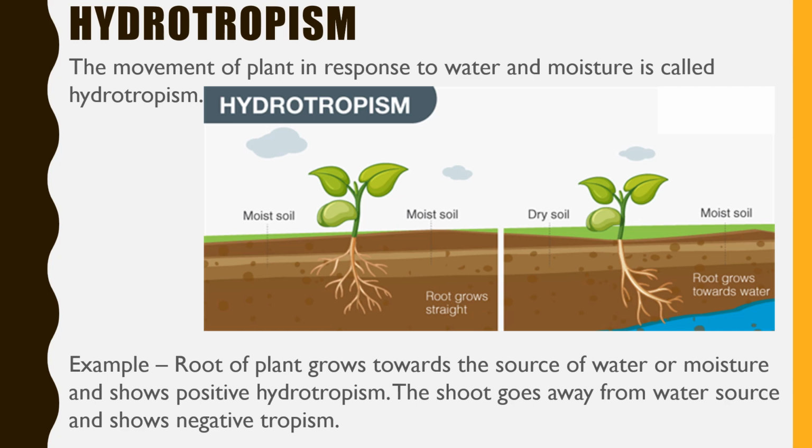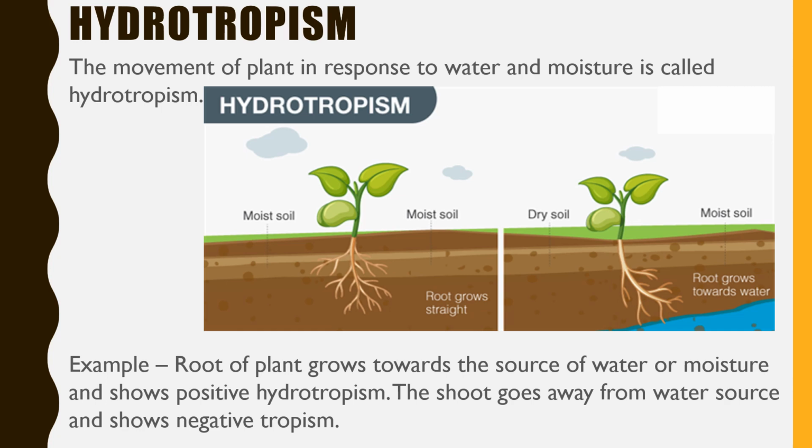When a plant part grows away from the source of moisture or water, it is said to be negatively hydrotropic. The roots of plants always go towards water or moisture, even if it means going against the pull of gravity.